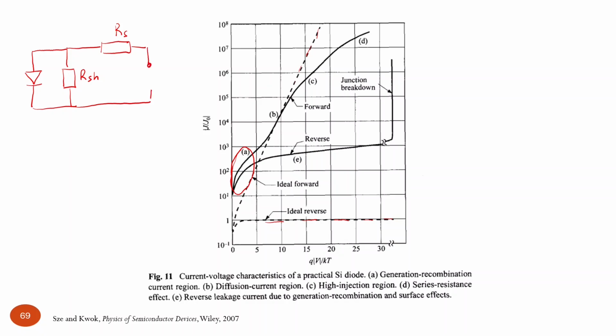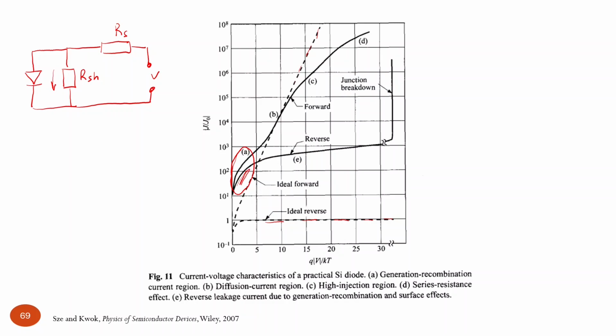So here are our terminals where we apply some bias. So this current at low voltage, at low voltage the potential barrier should be quite high, diffusion of majority charge carriers should be low, and we should not observe such high current as here. But because of current flowing through this shunt resistor, we indeed see this, and that is a negative factor, obviously, because it adds up current which flows in forward and reverse direction.